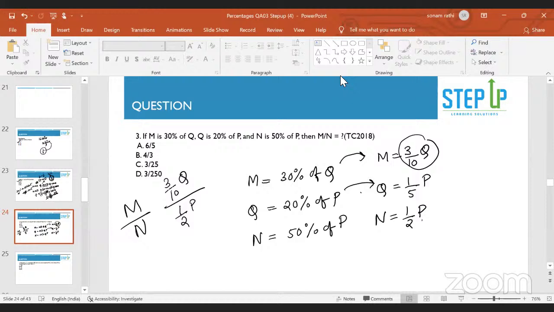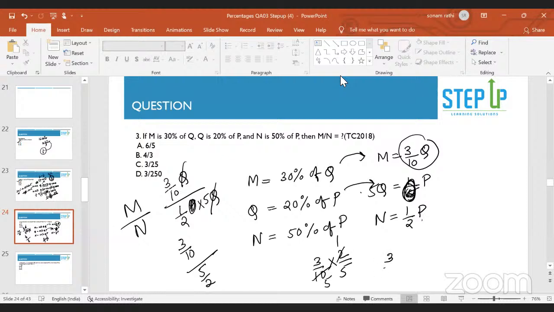But I know what the P value is. I can take this 5 on this side. So P value is 5Q. I will write 5Q here. Q cancelled. 3 by 10 upon 5 by 2. So 3 by 10 into 2 by 5. 2 ones are 2, 2 fives are 10, so 3 by 25.